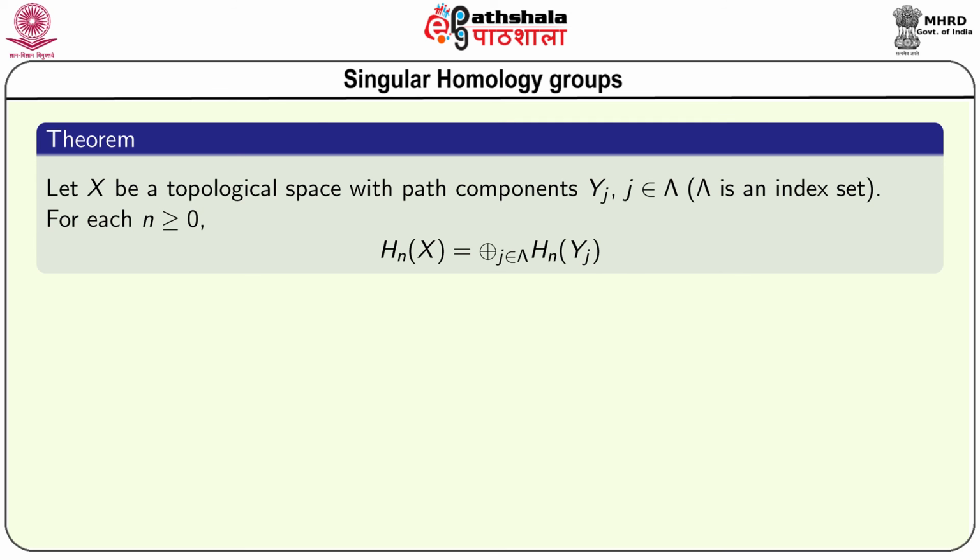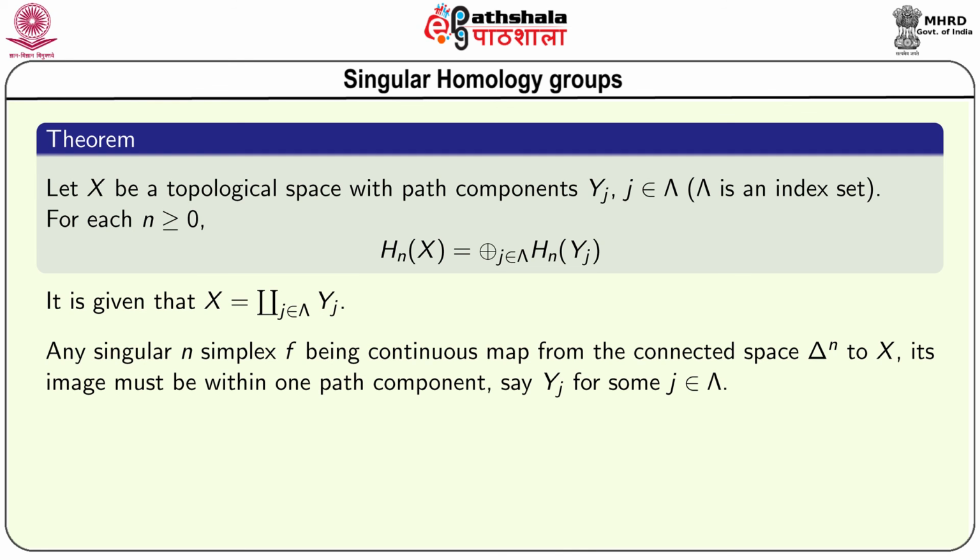Let us take X to be a topological space which has the path components Y_j, where j varies over any arbitrary index set lambda. Now, for n greater than or equal to 0, we shall show that H_n(X) is equal to the direct sum of H_n(Y_j), where j varies over lambda.